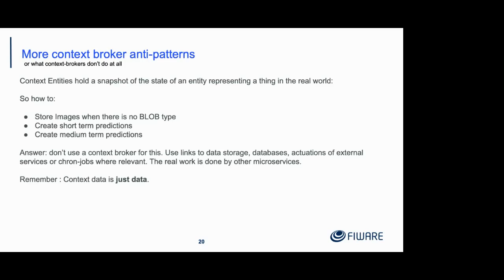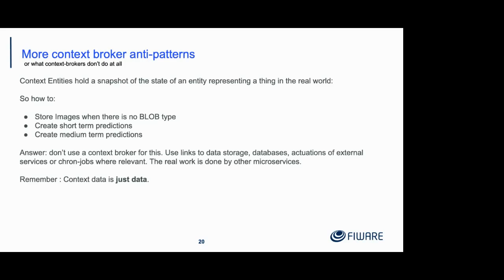So let's say I have a system where I'm taking number plates and I want to register the cars passing through. The actual images aren't context. The actual images are raw JPEGs, let's say. I can't deal with that.